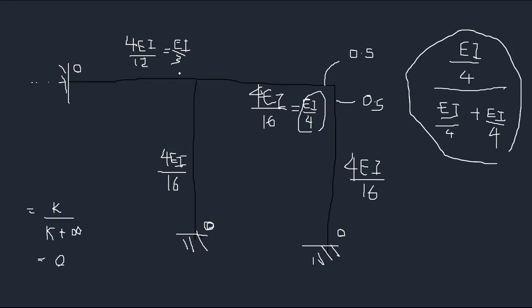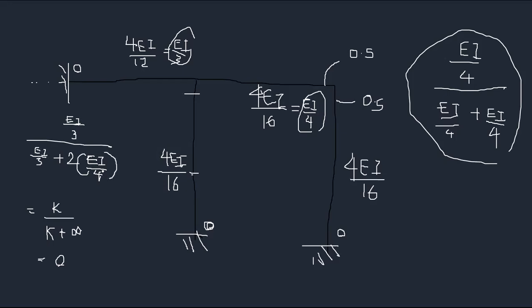So this is going to be EI over 3 divided by EI over 3 plus this member EI over 4 plus this member EI over 4, right? That's going to be EI over 3 divided by EI over 3 plus 2 into EI over 4, at that joint, right?